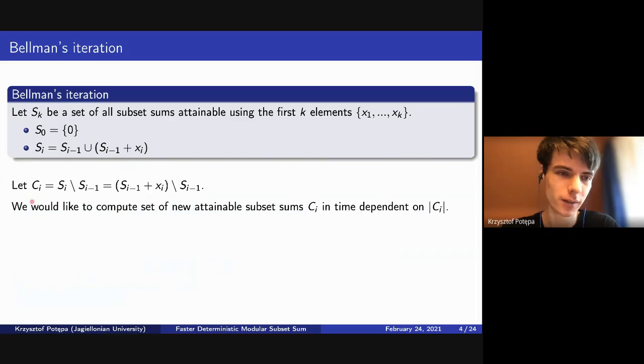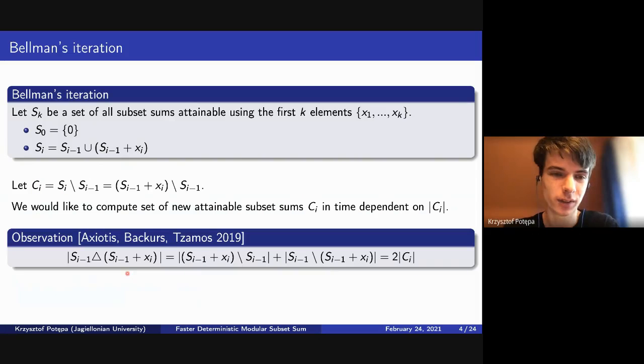It seems hard to compute this set C_i directly, but there's a nice observation that we can actually compute the symmetric difference instead. Because the size of the symmetric difference of these two sets is just twice the size of C_i. This is because we can rewrite the symmetric difference as the sum of these two sets' normal differences, and they have the same size. It's quite easy to see.